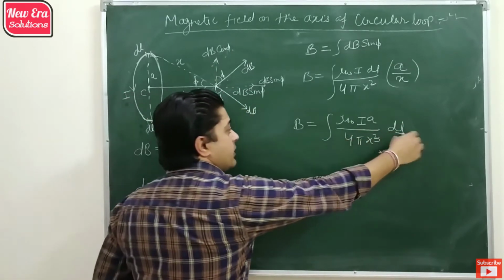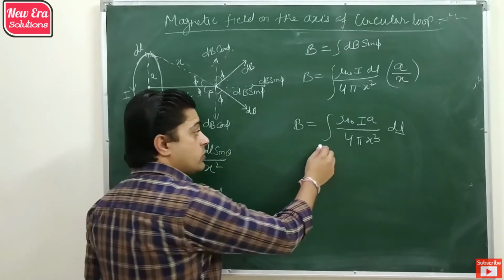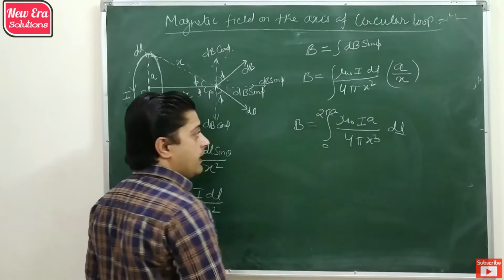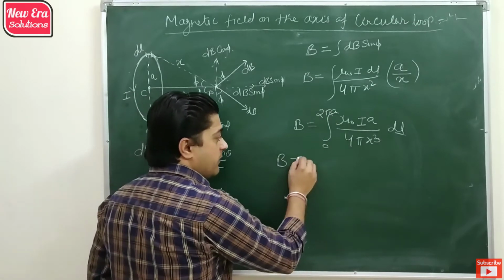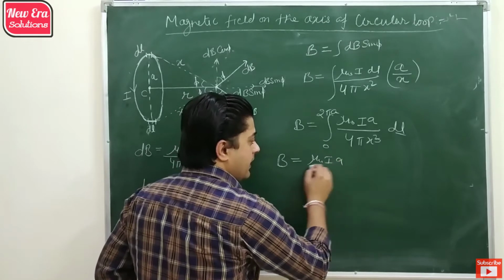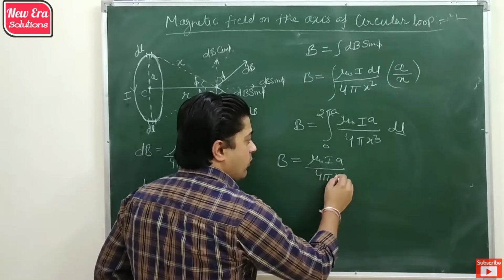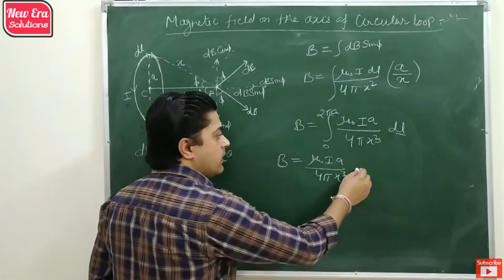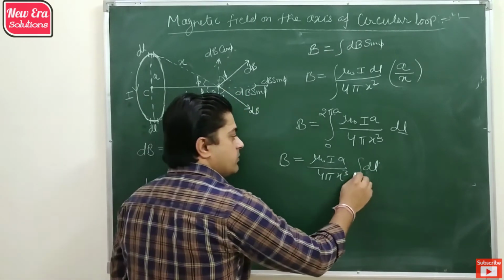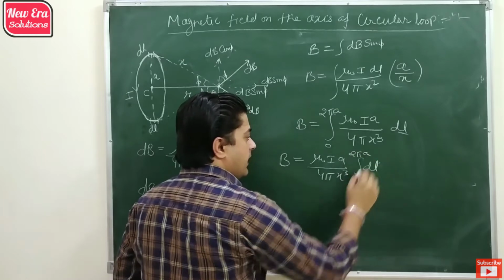This is the integration over the current element whose minimum length is 0 and maximum length is 2 pi a. So the magnetic field on the axis is equal to mu naught I a upon 4 pi x cube times the integration of dl from 0 to 2 pi a.